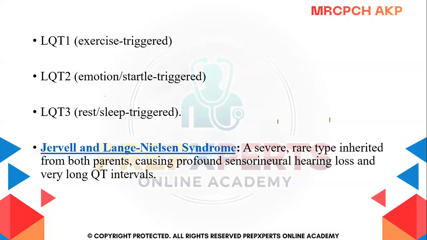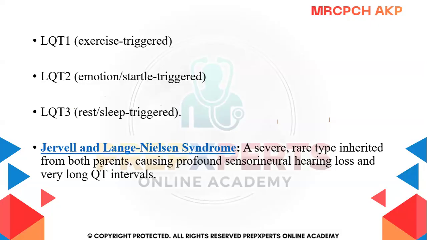Okay, so if they give you a scenario of fainting, where the child doesn't have any problem but suddenly he faints, you have to dig in deep, get their investigations done, and always rule out these conditions. Then there are syndromes, like I mentioned here.